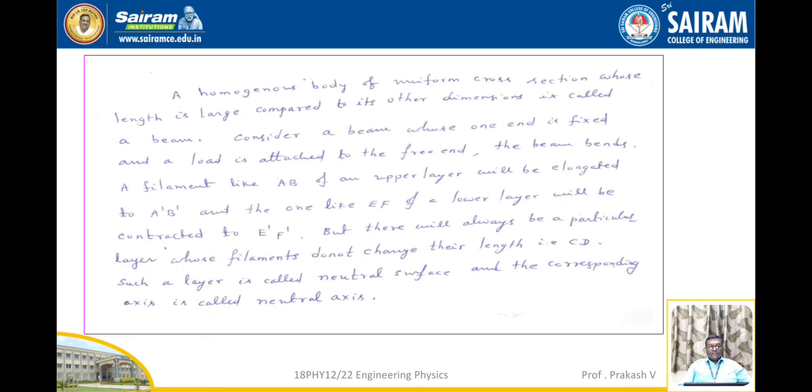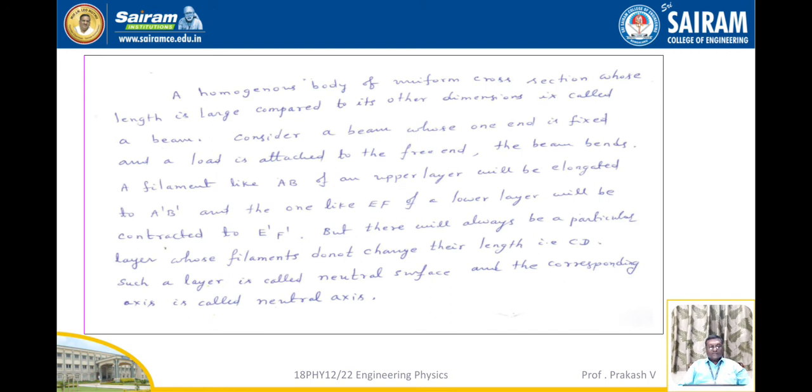A filament such as AB of an upper layer will be elongated to A dash B dash, and a layer such as EF of the lower layer will be contracted to E dash F dash. But there will always be a particular layer which will not undergo any change in its length. That is CD.